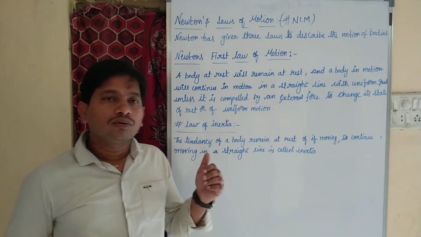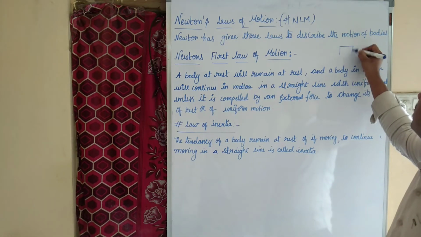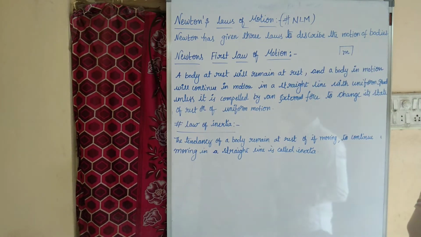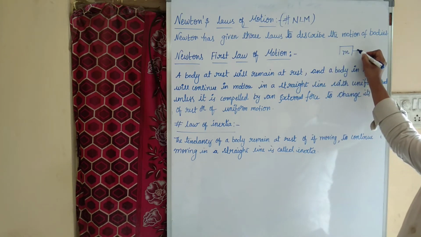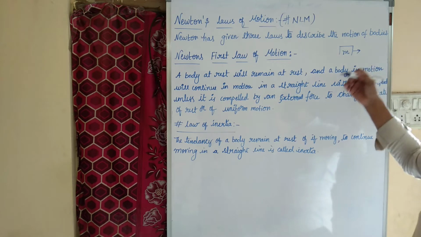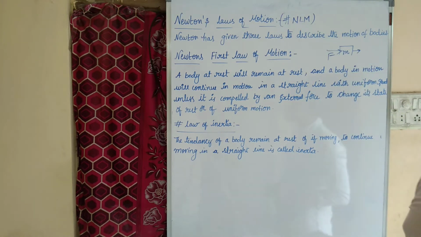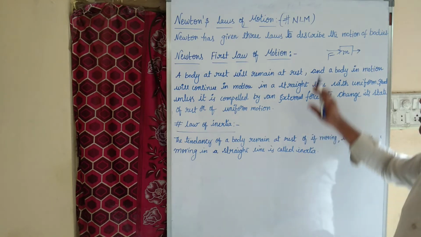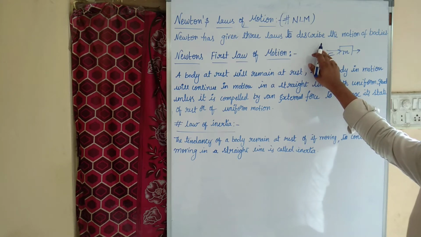Who causes motion? Suppose a body of mass m has to attain a certain velocity, then we have to apply some external force, right? When we apply an external force F on a particular body, it attains a certain velocity and starts moving.